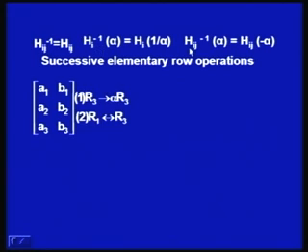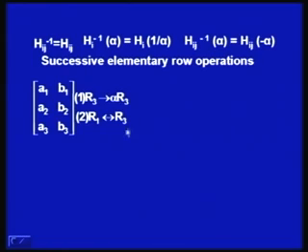The idea is that you can perform a number of elementary operations on a matrix. So, let us say I have been given a 3 by 2 matrix A1 B1, A2 B2, A3 B3, and I apply 2 operations successively on this matrix. The first is R3 changes to alpha times R3, and the second operation is that R1 and R3 are interchanged.